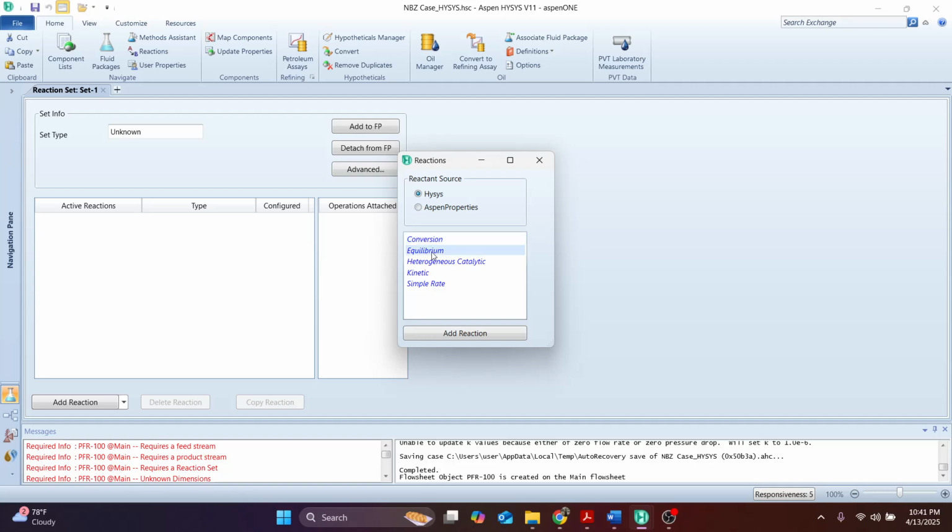Equilibrium is for forward and reverse reaction rates where both pose a significant rate, so you must know the constants. Then heterogeneous catalytic is for reactions with a solid catalyst, and kinetic is the basic and famous Arrhenius equation. And simple rate is just a basic law, the first order, second order. I'll be using the kinetic one.